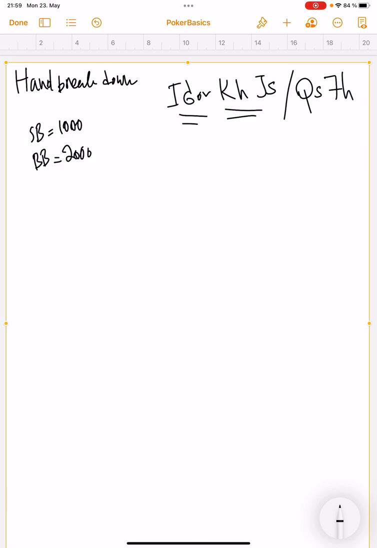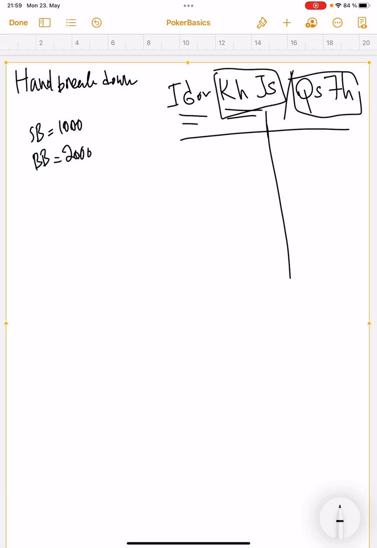I will write the actions right here: Igor's actions to the left, and to the right the actions of the opponent, and the hands are also given here. So he raises to 4,000. This is pre-flop. And this guy calls, just a flat call.